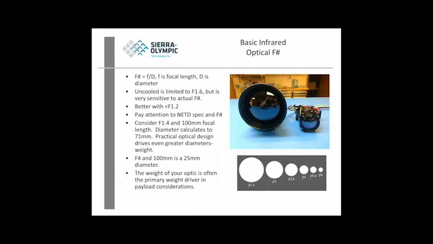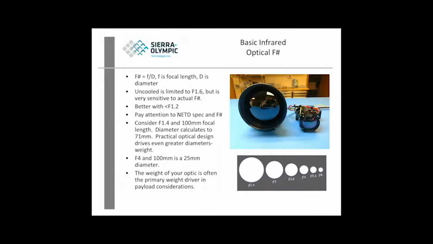So just some examples. Consider an f1.4 100 millimeter focal length. The diameter of the front element calculates out to 71 millimeters. Now practically, in such a design, you wouldn't expect to have a housing that's 71 millimeters in diameter.